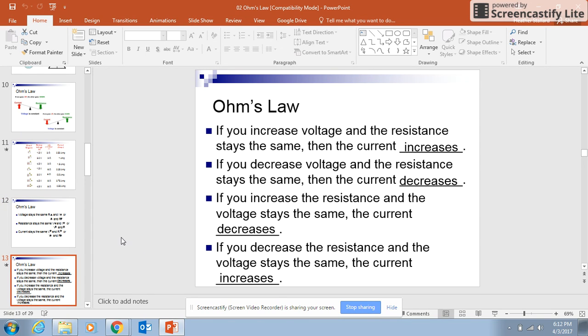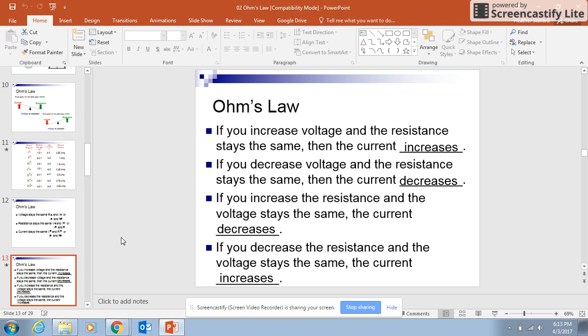So if you increase the voltage and the resistance stays the same, so you keep holding back those electrons but you've increased the amount of electrons flowing through, then obviously the current should also increase. However, if you decrease the voltage, let's say you take a battery out, and the resistance stays the same, then the current will decrease because you've lessened the amount of electrons flowing.